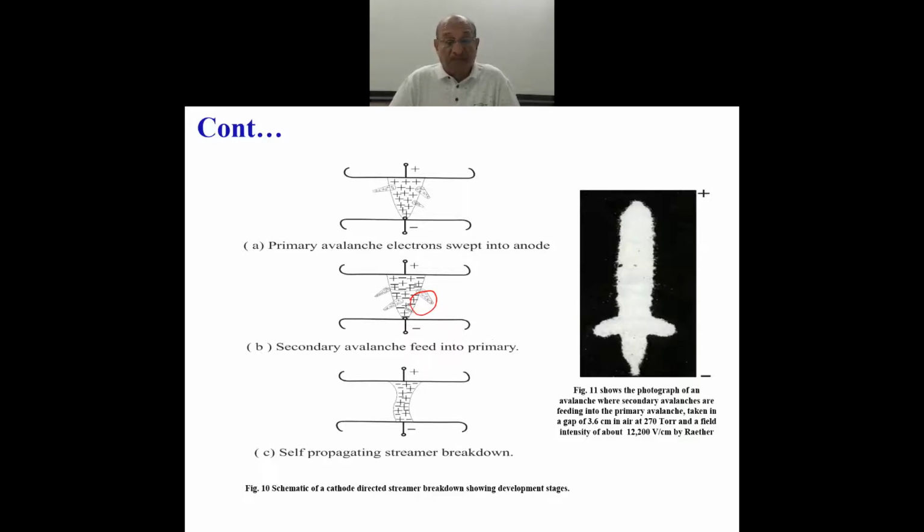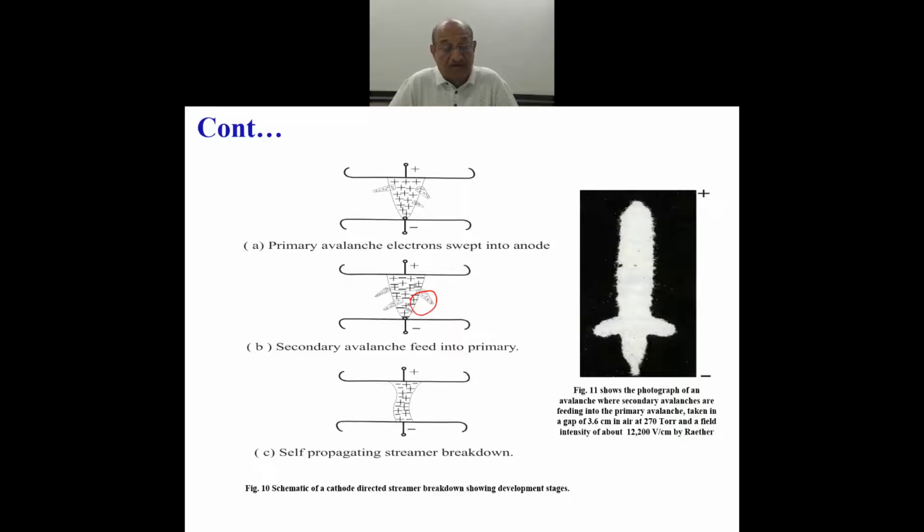There will be the alpha process again here, and newer electrons will be given rise from the air itself. And when newer electrons are given rise from the gas itself, they begin another avalanche process within the gap, not from the cathode, within the gap. And then the secondary avalanche feeds into the primary avalanche.